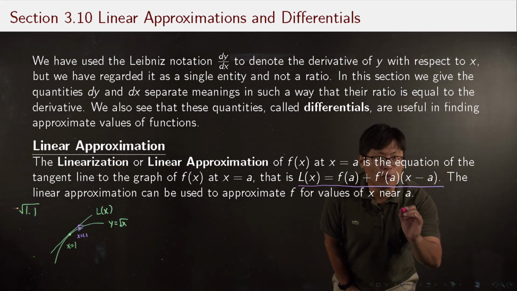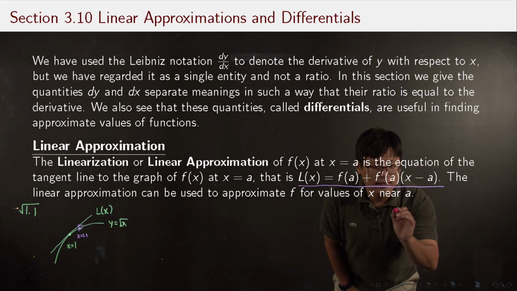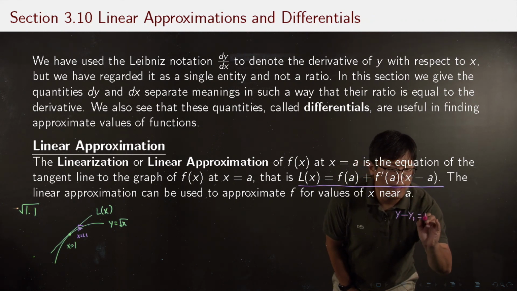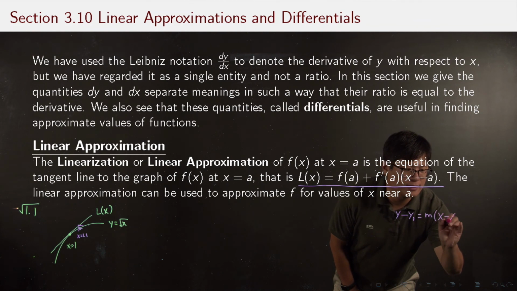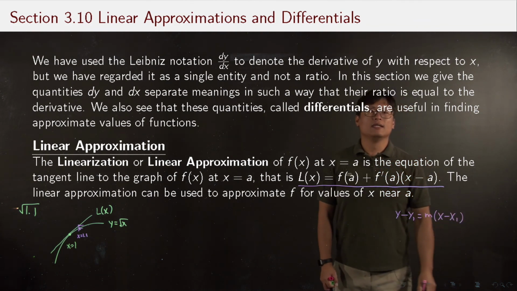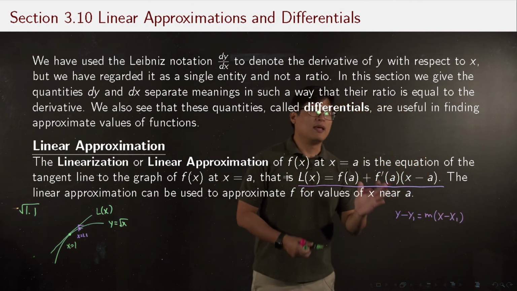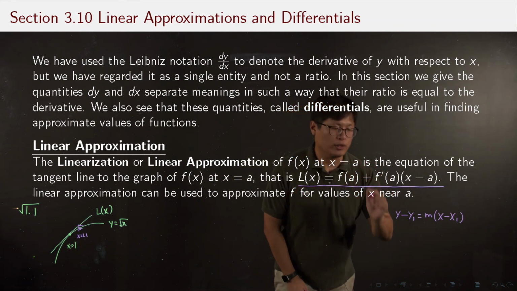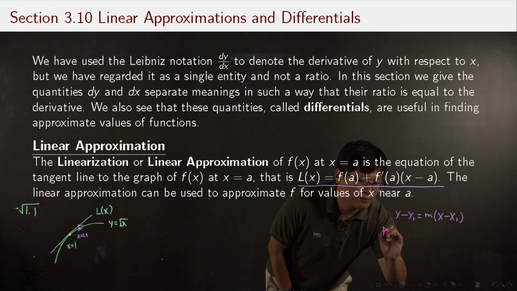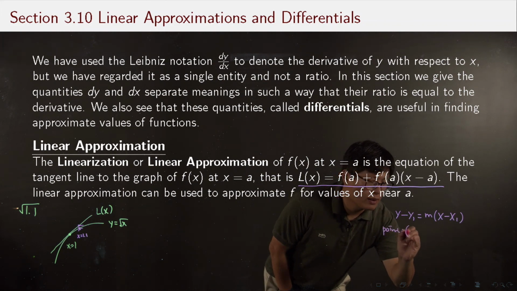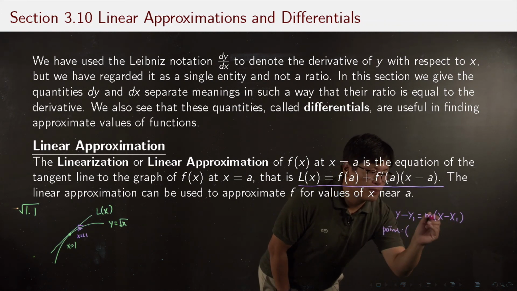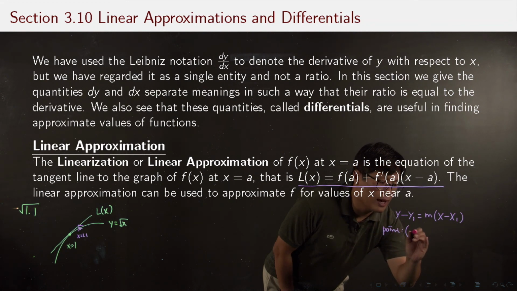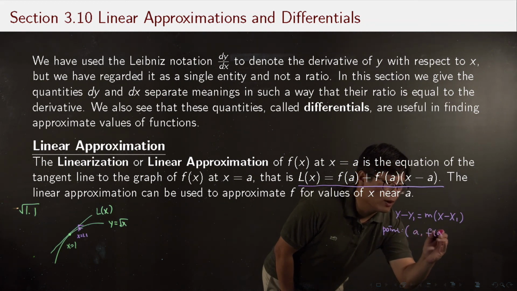You remember whenever we had to find the tangent line equation, we used y minus y1 equals m times x minus x1, right? With this one, let me try to write it in calculus sense, okay? First of all, the point is x1 comma y1, but in our study, it is a comma f of a, which is the given point.